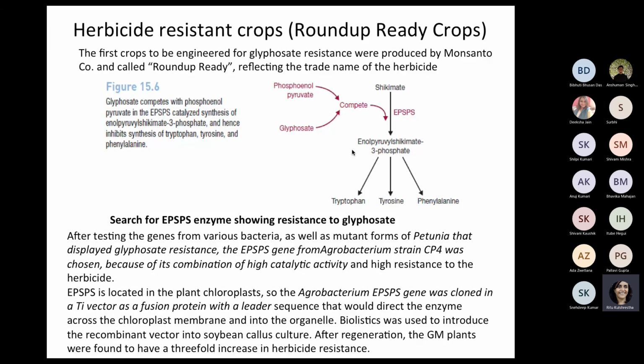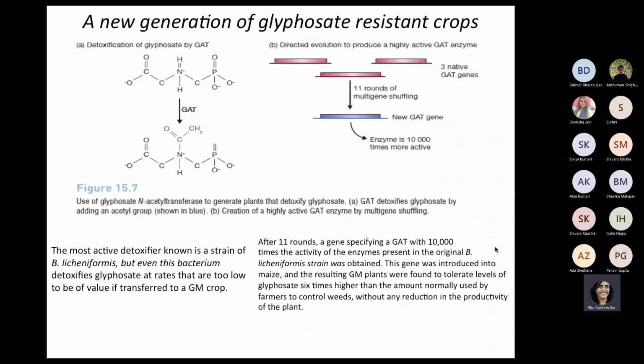So the idea was, is there some way that we can inactivate glyphosate in the crop plant, while weed plants which are not transgenic will die? Can we inactivate or detoxify the glyphosate in transgenic plants?